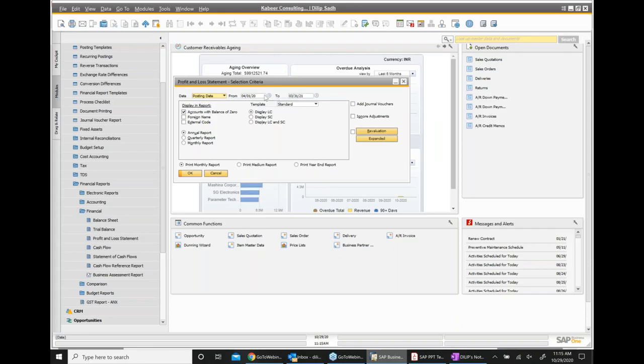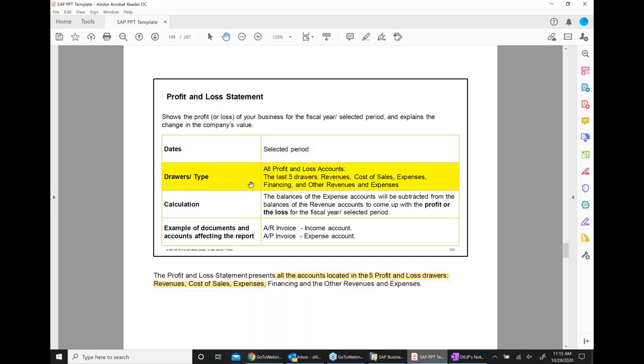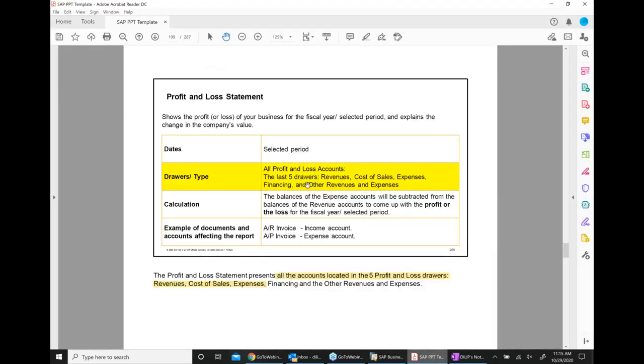We can put a date, this date. Then we can define draw types. Here you can select the different draw. You want profit and loss account. You can choose that here.